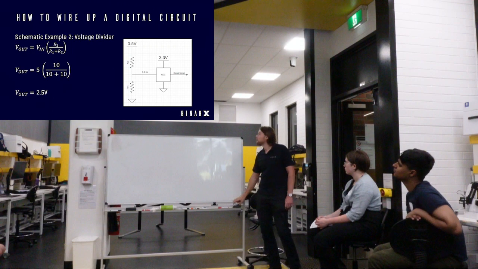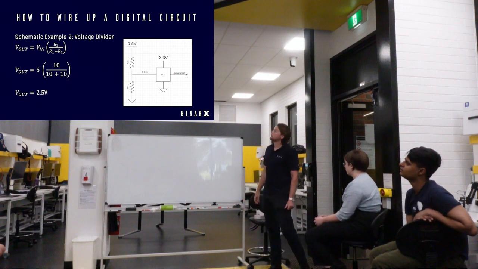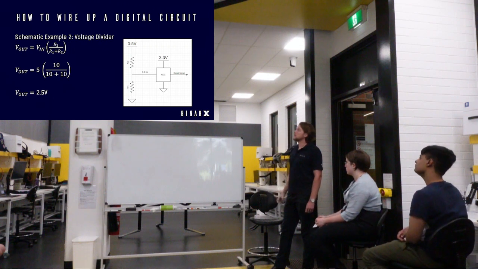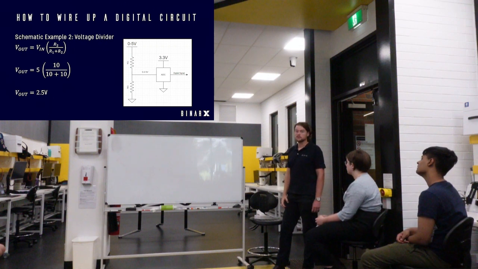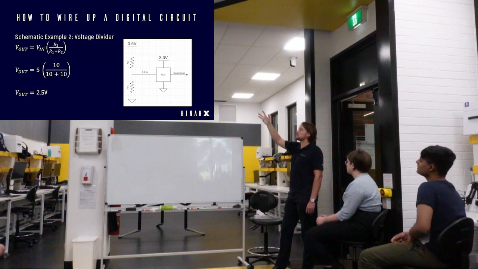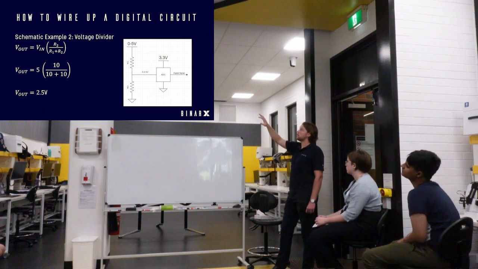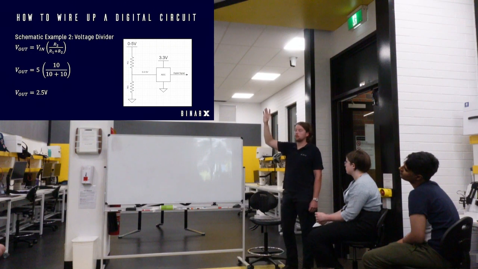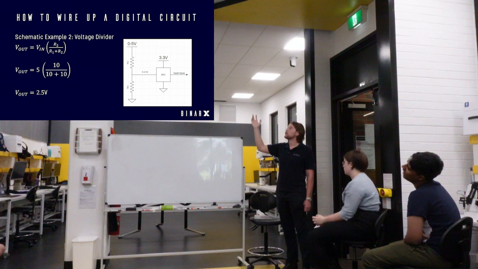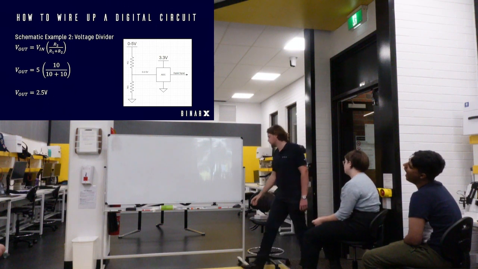Okay. So this is the example I put together and the essential maths you need to know. But essentially it's that series resistance stuff that I was showing you before, which can halve, in this case, the voltage, so that if we have our max analog voltage of 5 volts going into our microcontroller, it'll actually only read 2.5 volts in. Okay?